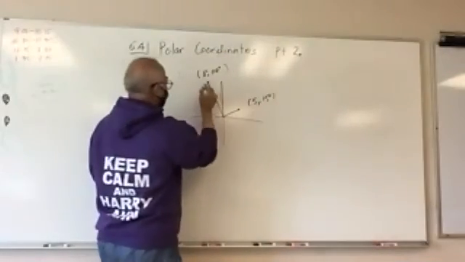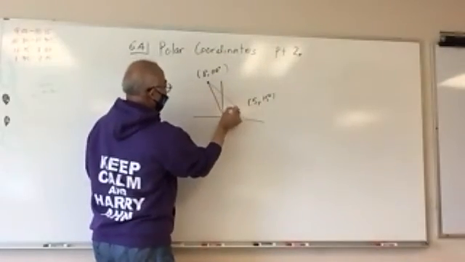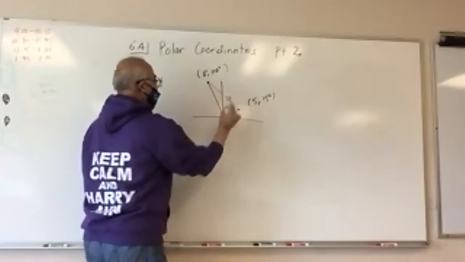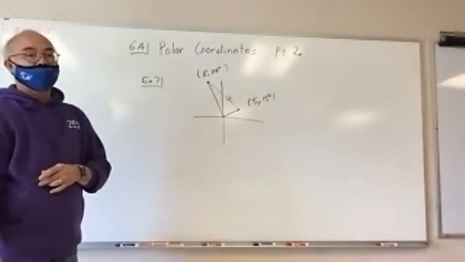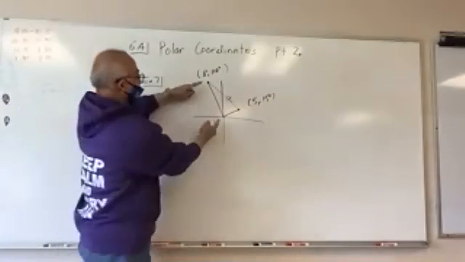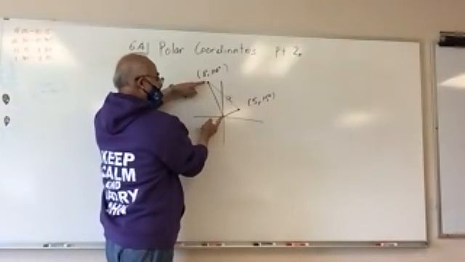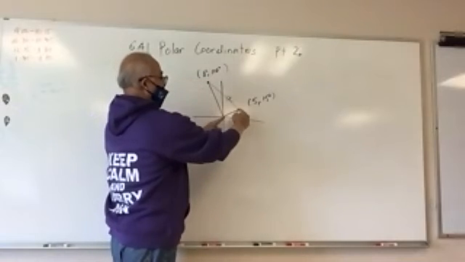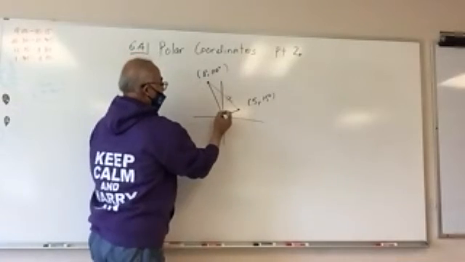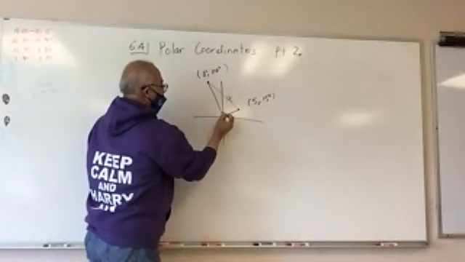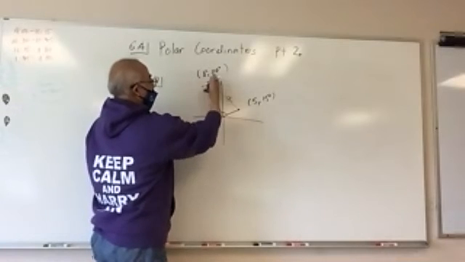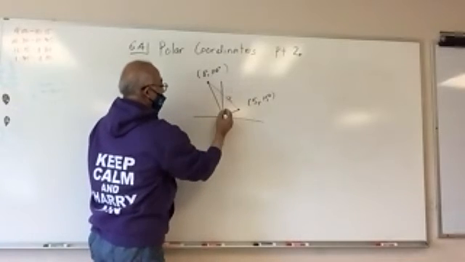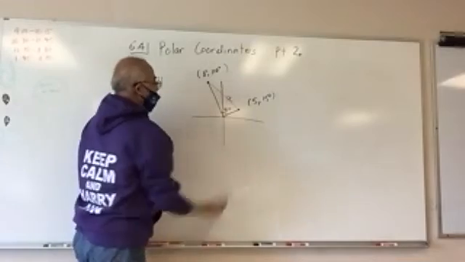Question is, how far apart are these two? What is x? So I know the length here. The length here is what? 8. The length here is 5. Angle between the two is going to be 110 minus 15, so it's going to be 95 degrees.